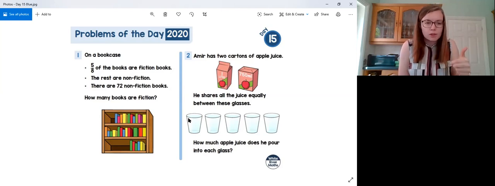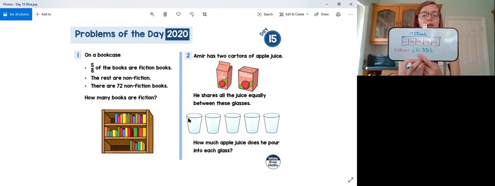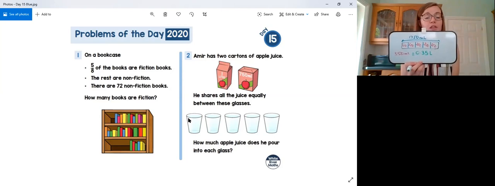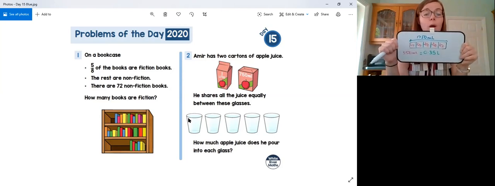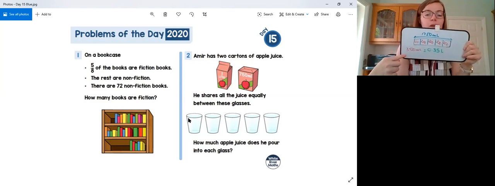From the tens to the ones, that's 2 hops. So now I need to go beyond the decimal point for 3 hops. So it becomes 0.35 litres.